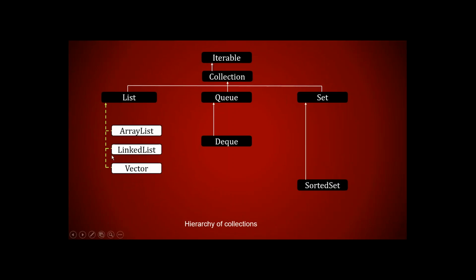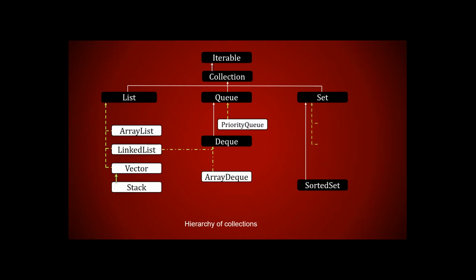These get the properties from the List as well as they have some additional properties of their own. And then we have Stack which extends Vector, and we have PriorityQueue, we have ArrayDeque, we have HashSet, we have LinkedHashSet, we have TreeSet, and HashSet is further extended by HashMap also.